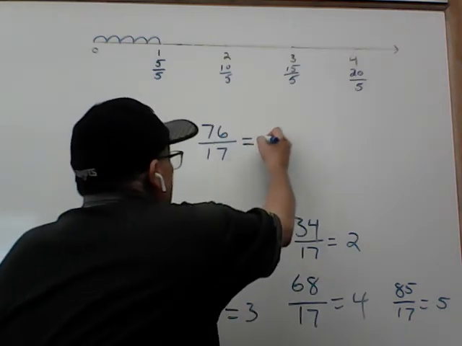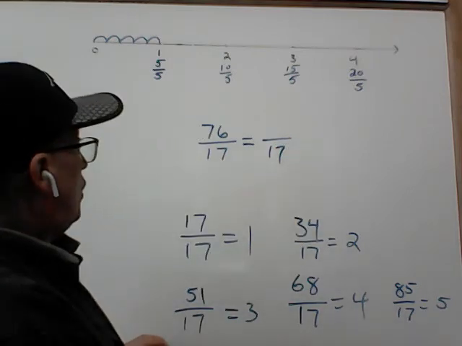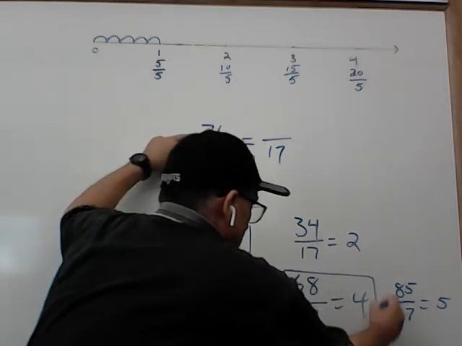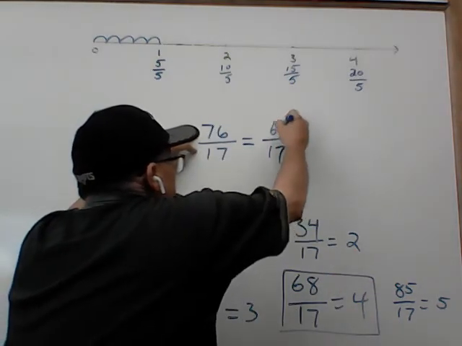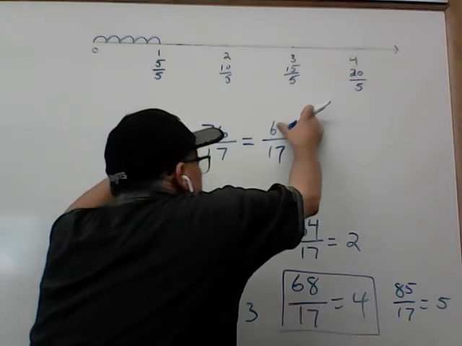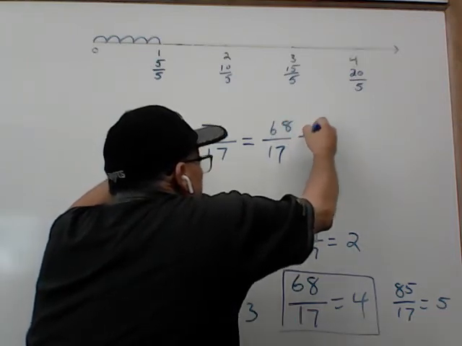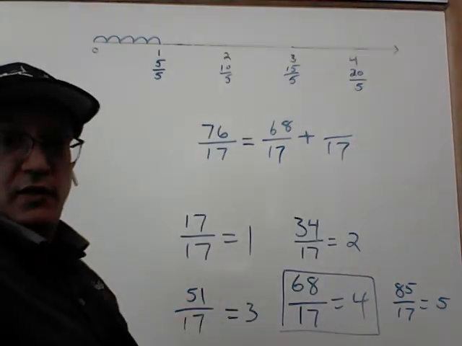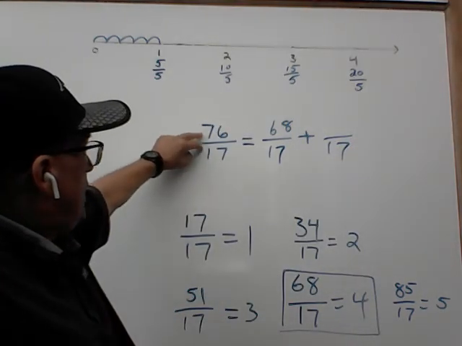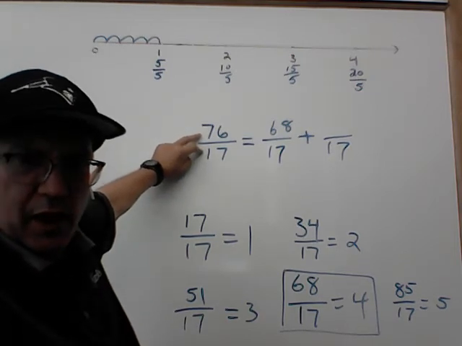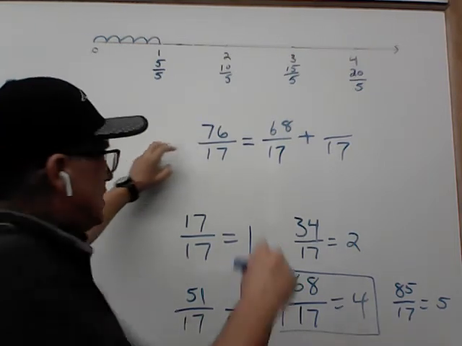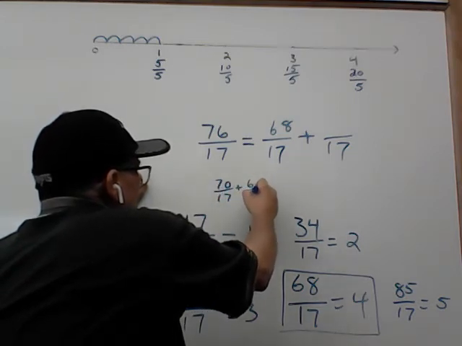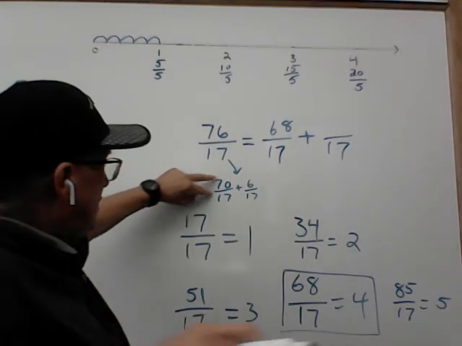So, up here, what we do is we think of the 76/17. Come back to this. Think of it as 68/17 plus how many 17ths? While you're thinking about that, I want to make this point. Your natural inclination might have been, if you want to break down 76/17, maybe think of it as 70/17 plus 6/17.